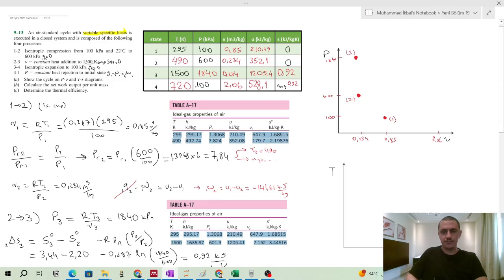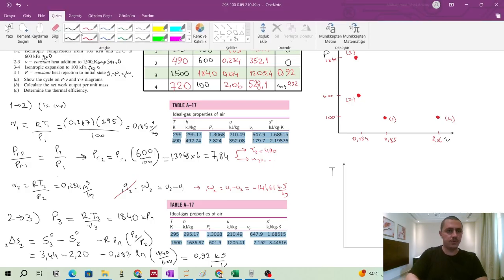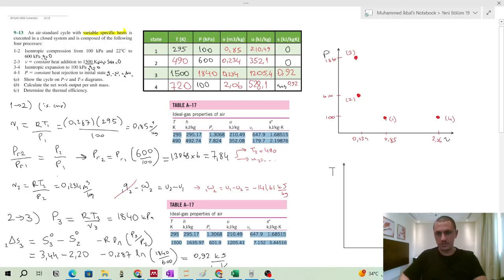Then the last, 4, you have going back to this pressure but with high specific volume. So this is the 4th one. Then you can use a color to put your process line here, constant volume. I put it a little bit in the wrong place, but let's say like this. Then you have something like this.